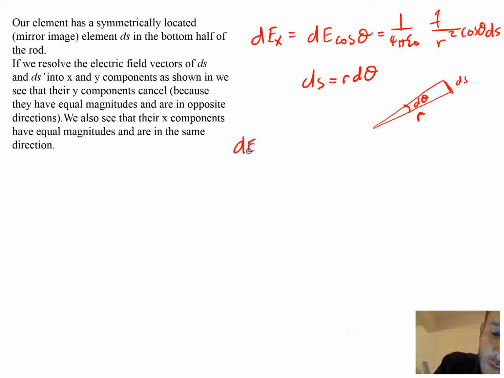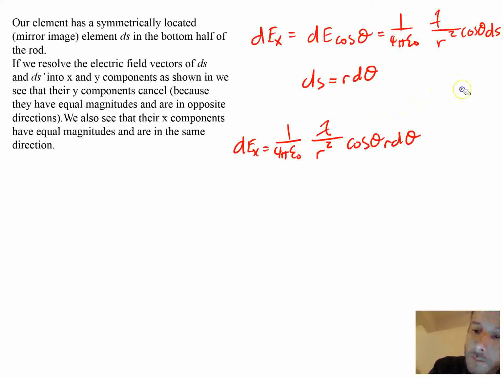And so dEx is equal to 1 over 4 pi epsilon naught lambda over r squared, times cosine theta r d theta. Now everything's in terms of theta. r is a constant, and one of the r's is going to cancel out.